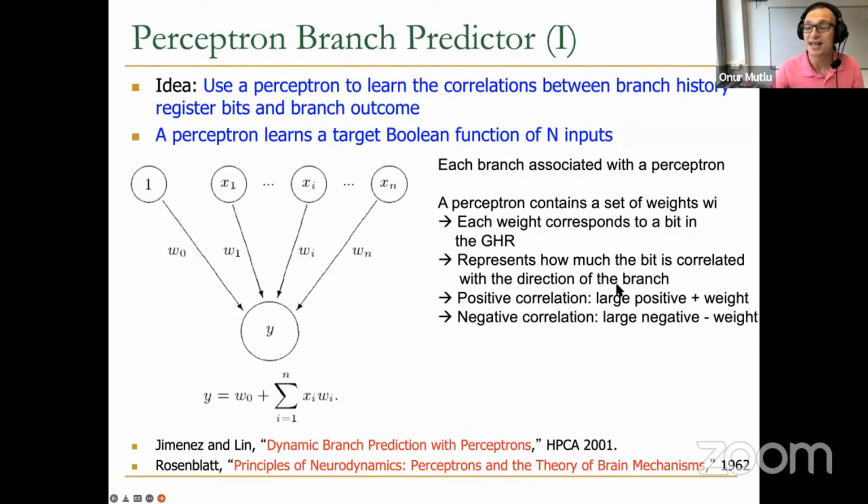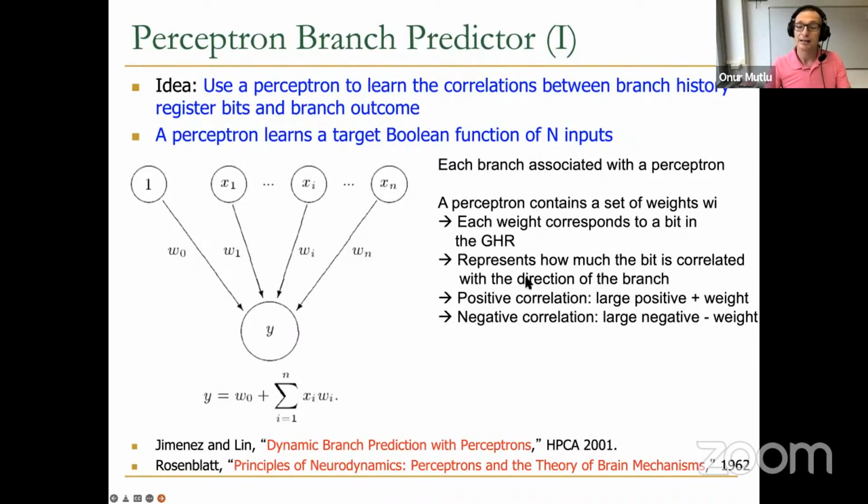A perceptron contains a set of weights, Wi. Each weight corresponds to a bit in the Gshare global history register, basically. And this is trained. After training, each weight represents how much the bit is correlated with the direction of the branch. If you have a large positive weight, then you have a positive correlation between the bit in the history register and the outcome of the branch, meaning they go in the same way, let's say.